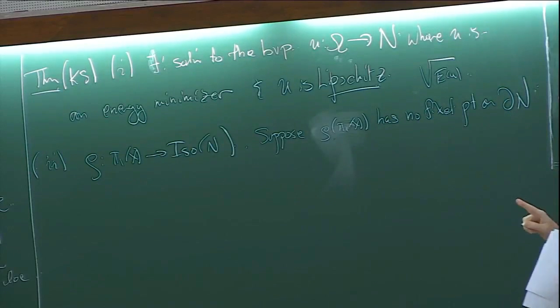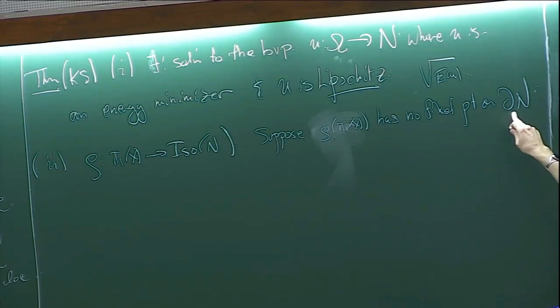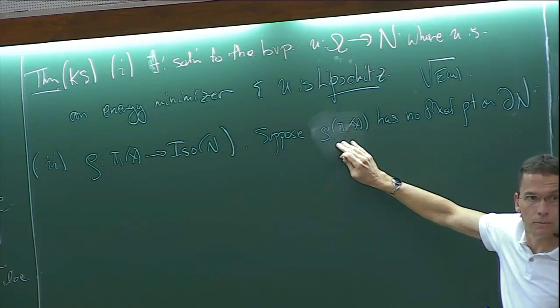So the Alexandrov boundary is the equivalence classes of geodesics. Okay. Has no fixed point on the boundary, by the whole image of this group, yeah, exactly.